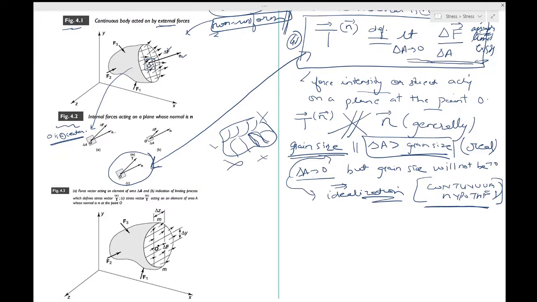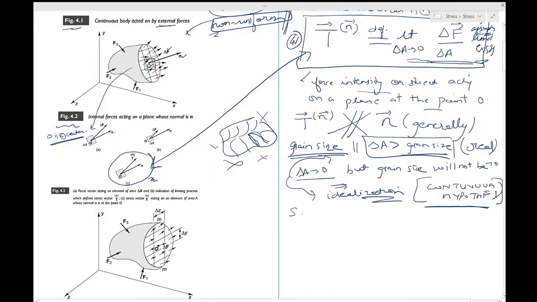The last is that the direction of the stress vector is not restricted, in the sense that there is no constraint on this direction. We have already seen that it's generally not aligned with n, so it can be anywhere.